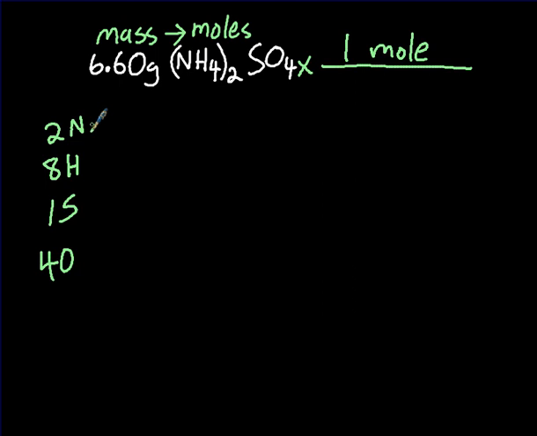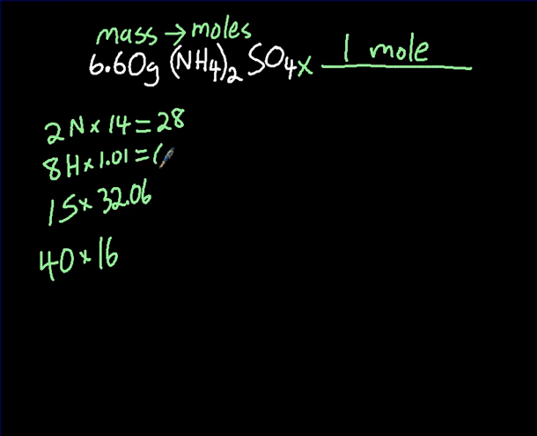So nitrogen's mass is 14. Hydrogen is just 1.01. Sulfur, let me get a periodic table real quick. Sulfur, 32.06. Oxygen, 16. So that's just 28. That's 8.08.